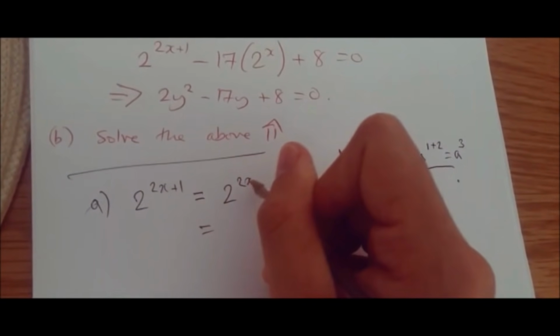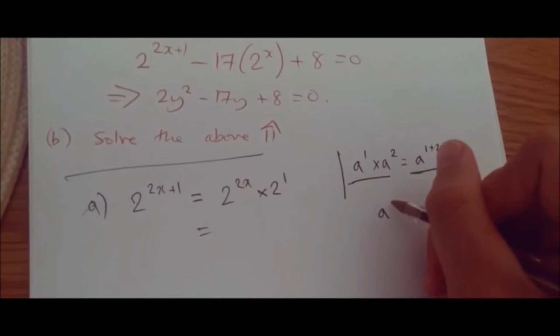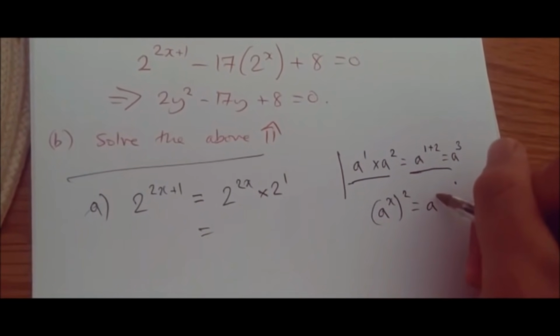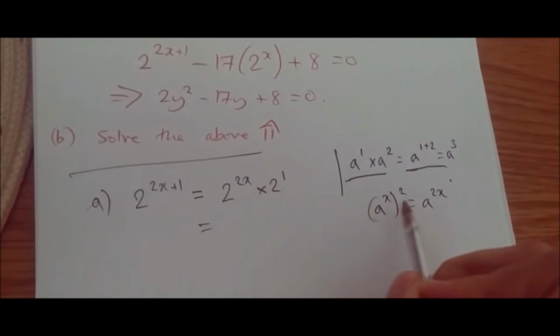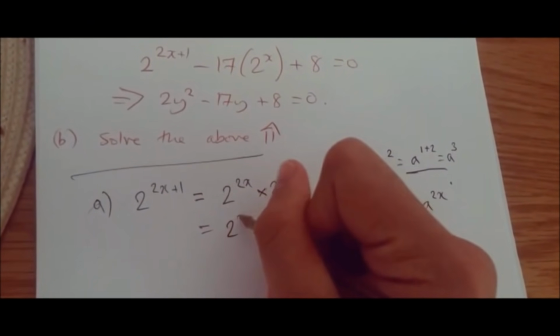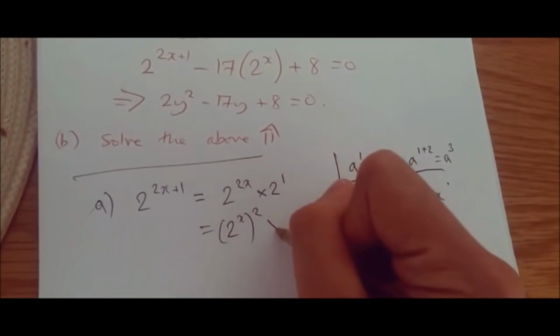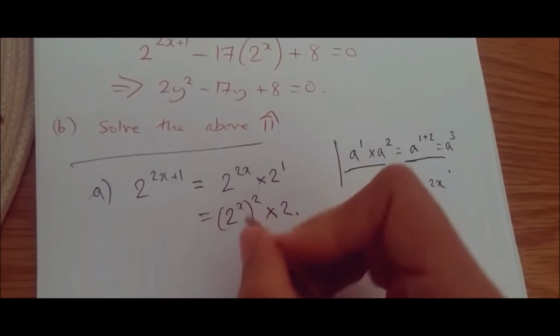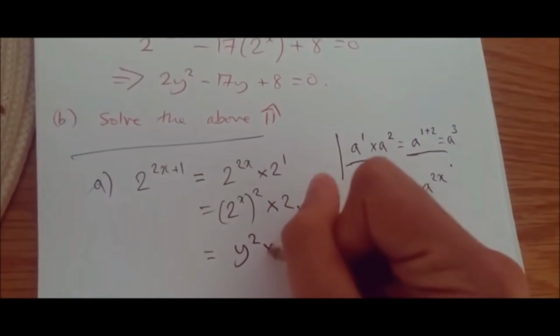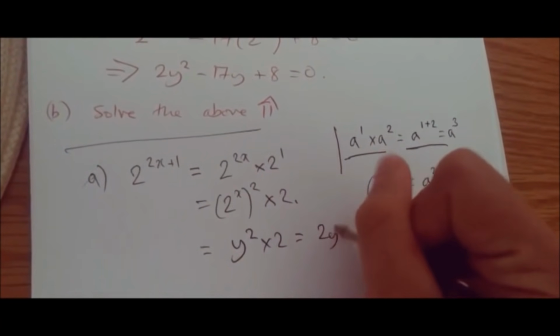Again, if you get a to the power x squared, this is the same as a to the x all squared. So you can see it's pretty much the reverse. So this is the same as 2 to the power x squared times 2. And substituting y back in, because we know that y equals 2 to the x, we should get y squared times 2, or 2y squared.